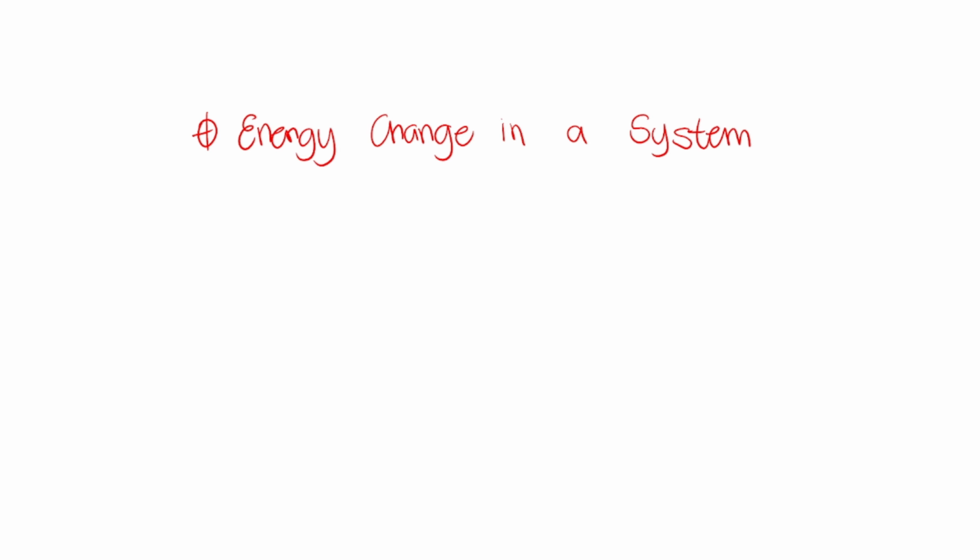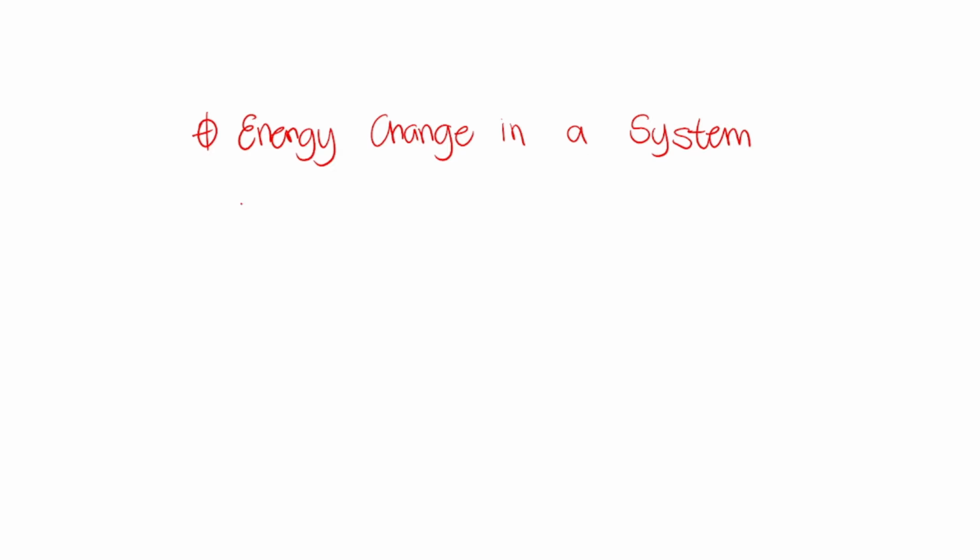And sabi natin kanina, delta indicates change. So, we also have what we call energy change in a system. Nagbabago-bago yung states of energy sa system natin.